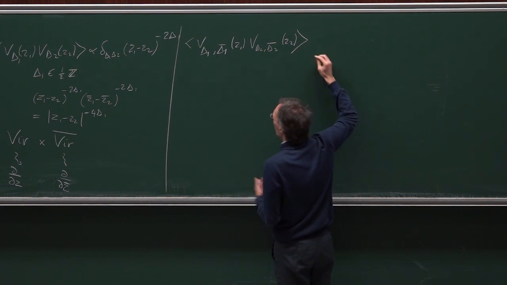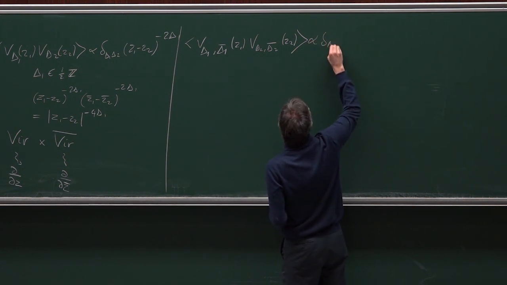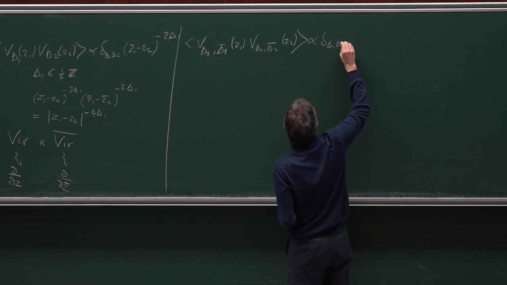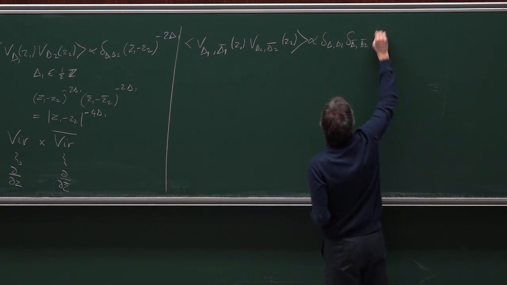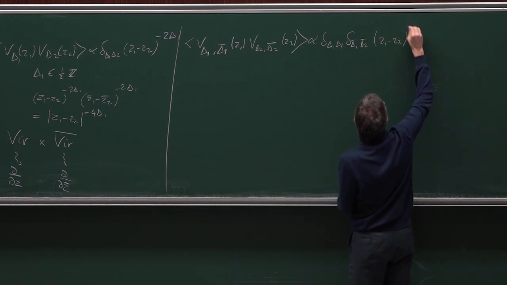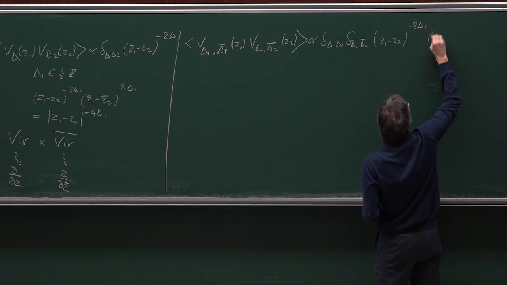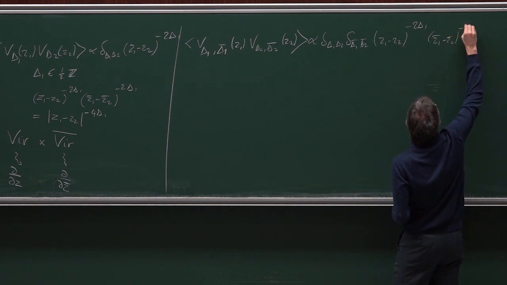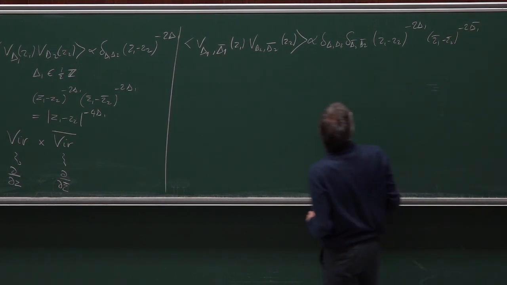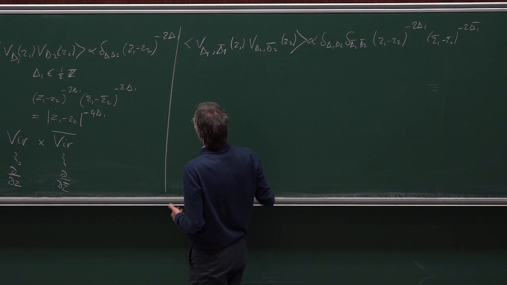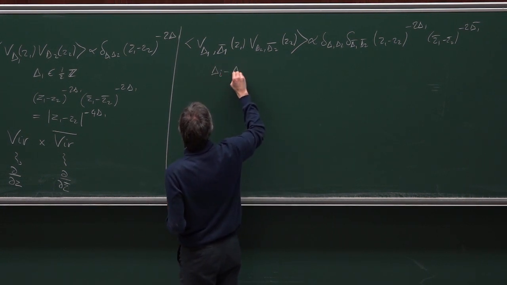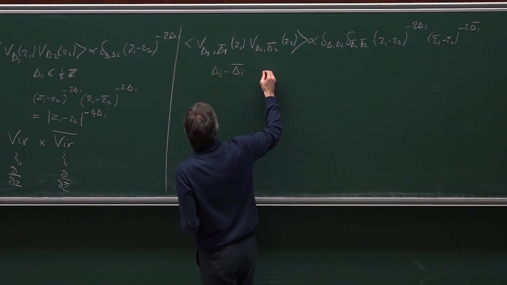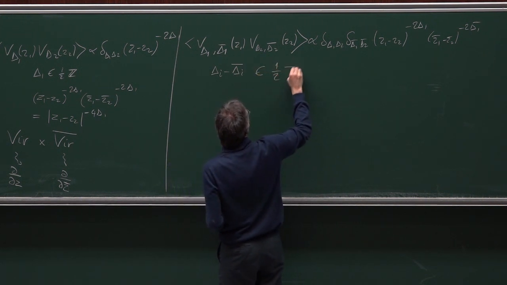So that would be, by the Ward identities, delta 1, delta 2, delta 1 bar, delta 2 bar, z1 minus z2 to the minus 2 delta 1, z1 bar minus z2 bar to the minus 2 delta 1 bar. So actually, the condition for this to be single-valued is that delta i minus delta i bar is half integer.